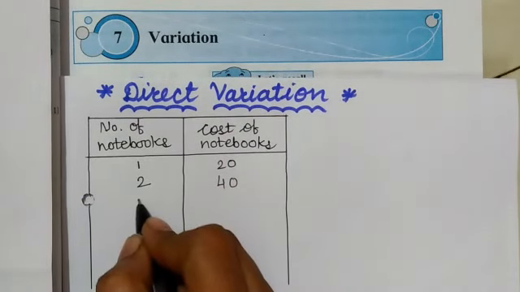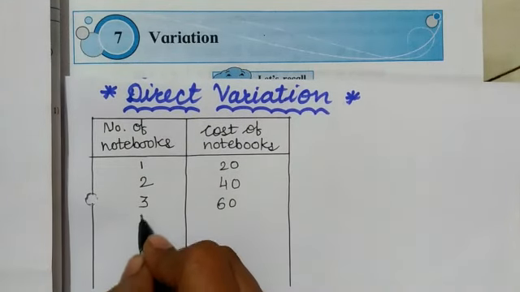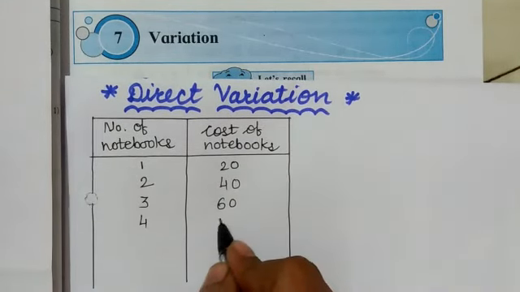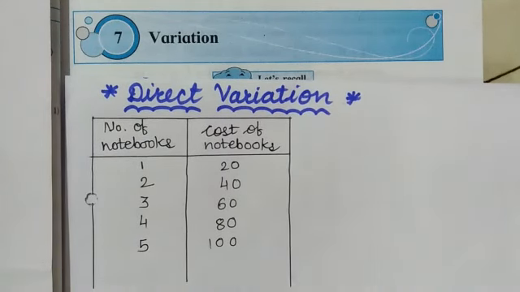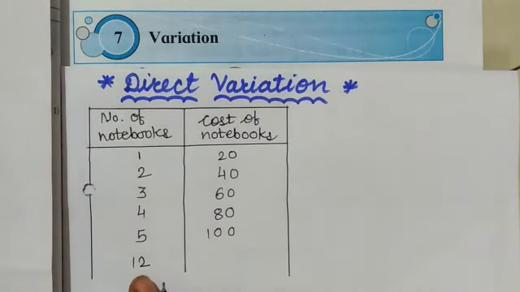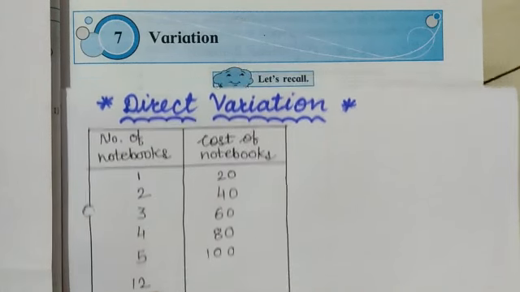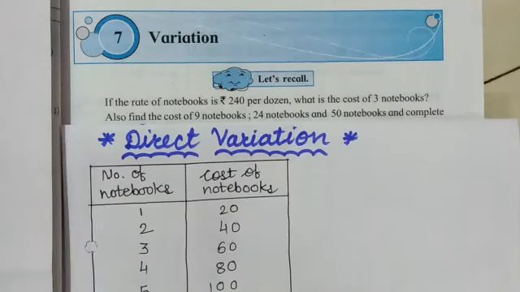In the same way, 3 notebooks cost will be 60 rupees, 4 notebooks cost will be 80 rupees and 5 notebooks cost will be 100 rupees. In the same way, 12 notebooks, it means 1 dozen notebooks, cost is already given in the question, that is 240 rupees.